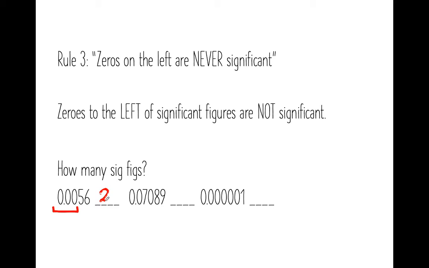So there are only 2 significant digits in this question. These 2 zeros that are starting off this number, so anything to the left of the first non-zero number, do not count. And then because this 0 is sandwiched between 2 non-zero numbers, it definitely counts. So 1, 2, 3, 4 significant digits here. And just the 1, because all of these are zeros on the left side. So this is 1 significant digit.